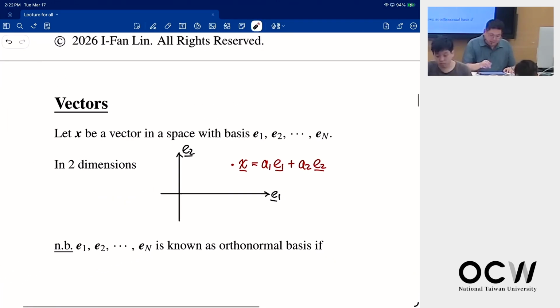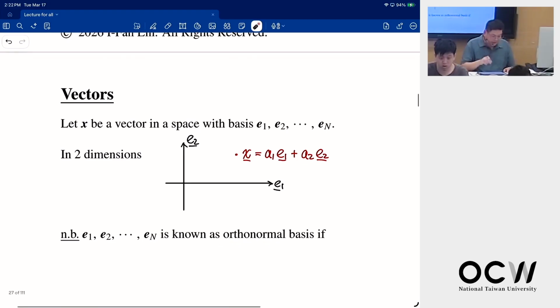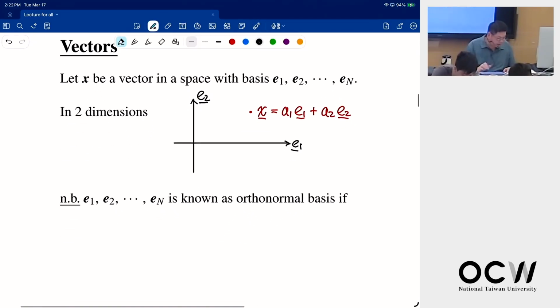And the basis can also be known as an orthonormal basis. If we say that the basis is orthonormal, that means, first, the inner product with itself is 1.